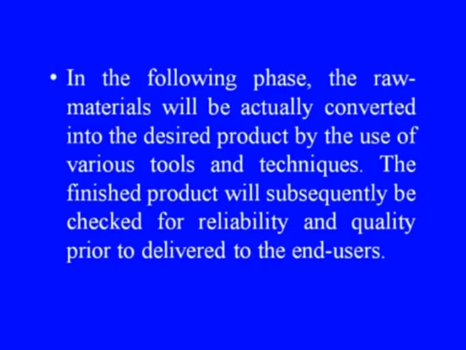In the following phase, the raw materials will be actually converted into the desired product by the use of various tools and techniques. The finished product will subsequently be checked for reliability and quality prior to being delivered to the end users. Thank you.